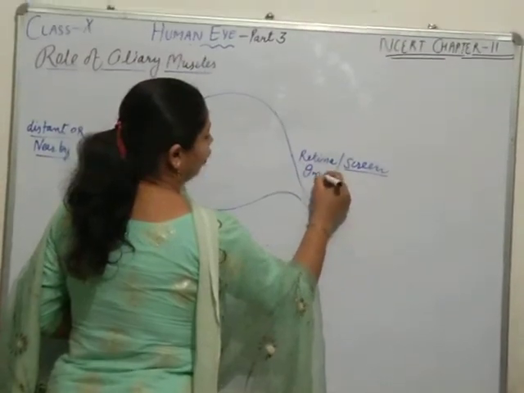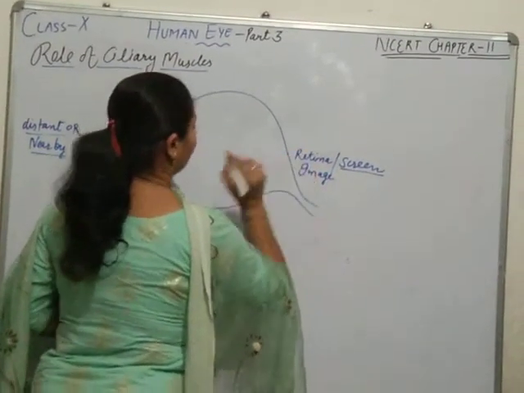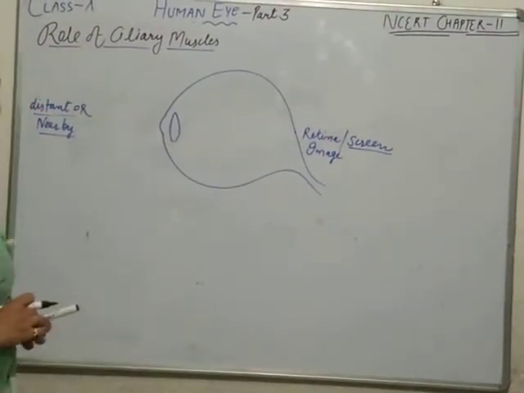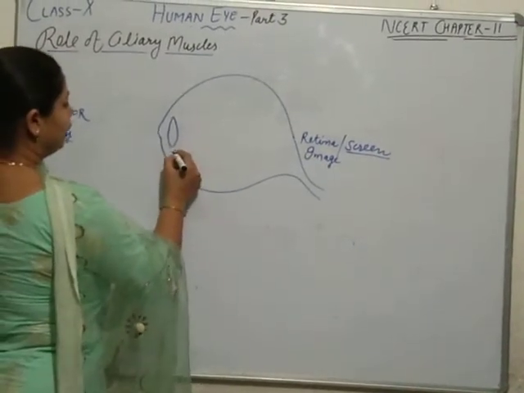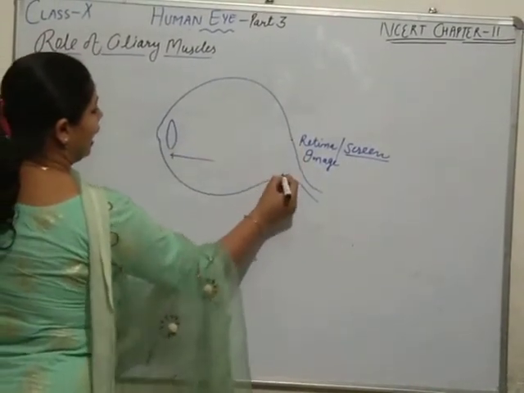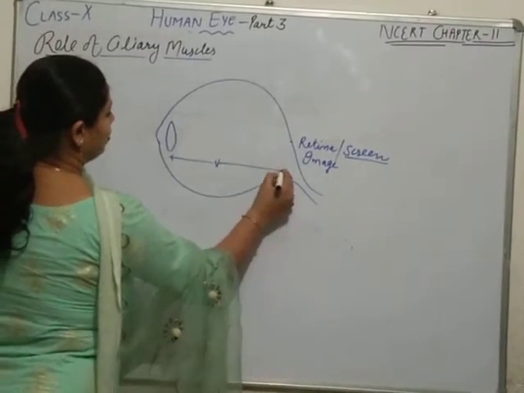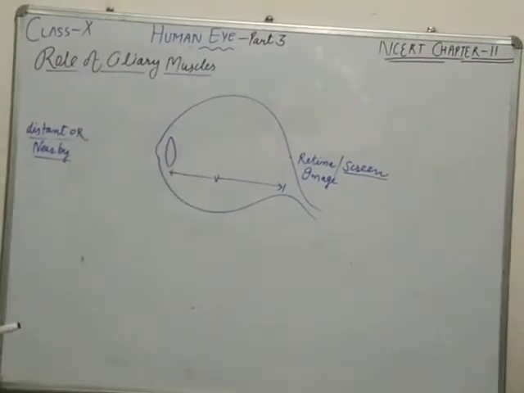So the image is always formed on the screen, on the retina. It means the separation between lens and screen, that is the image distance, always remains fixed.